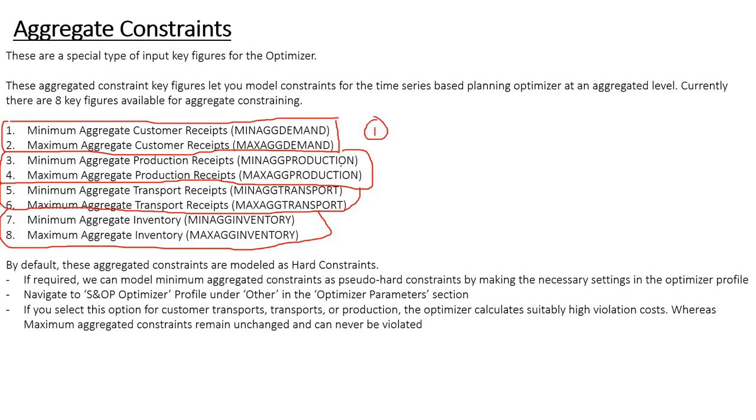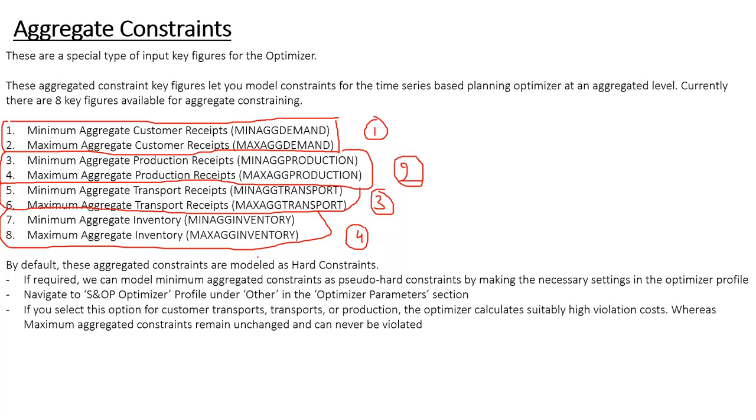To influence the production plan, you have these two key figures: minimum aggregate production, maximum aggregate production. To influence the transportation, we have minimum aggregate transport, maximum aggregate transport. And to influence the projected stocks, we have minimum aggregate inventory and maximum aggregate inventory.